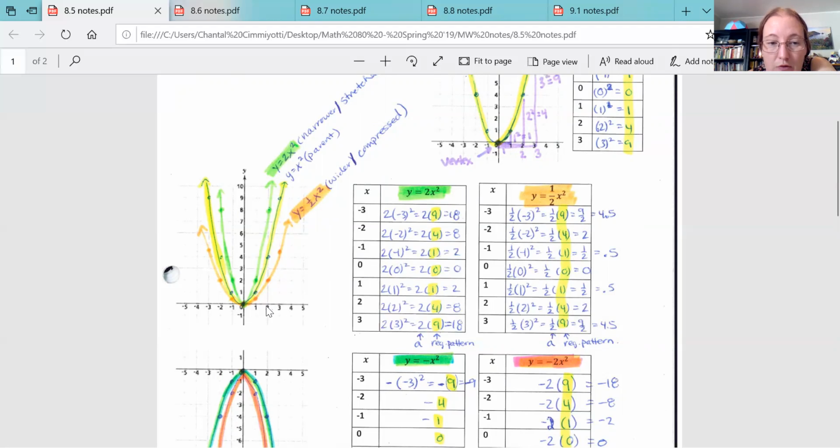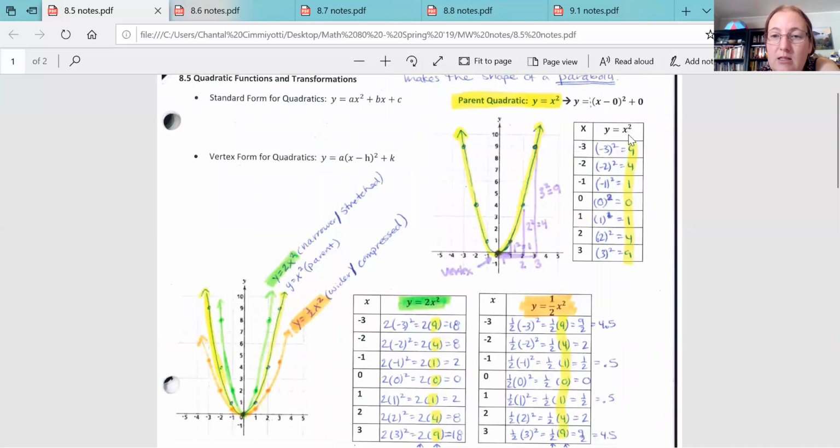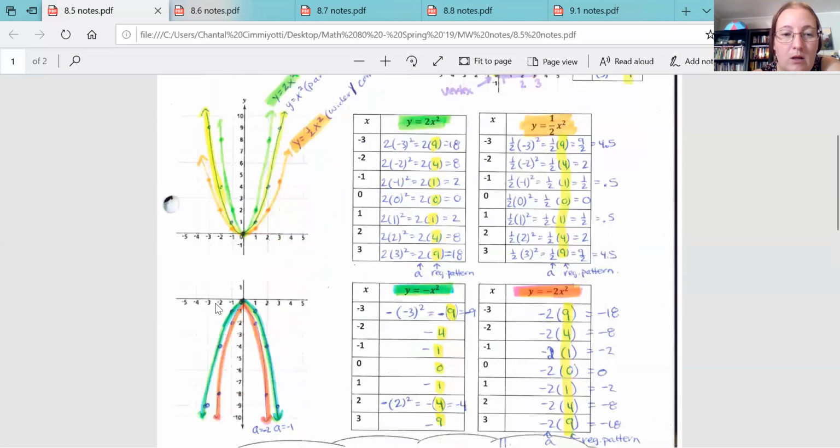If you go over 2 from the vertex, you're going to square 2, which is 4, and go 4 up. 3 over, then 9, because 3 squared is 9. It's just because it is the parent graph, it's just what the x is being squared. Even a negative, when you square it, becomes positive. And that's why it goes up on the other side of the vertex.